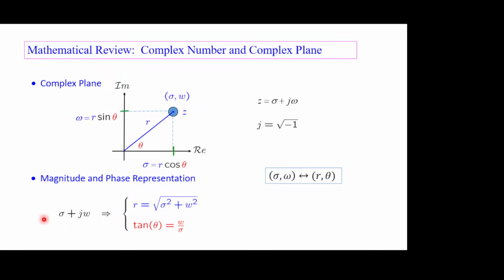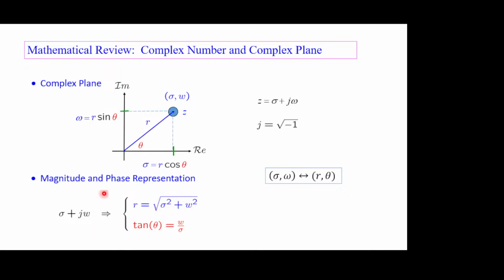And what if we know sigma and omega, and we want to know r and theta? Then r will equal the square root of sigma squared plus omega squared, because of the Pythagorean equation: r squared equals sigma squared plus omega squared.